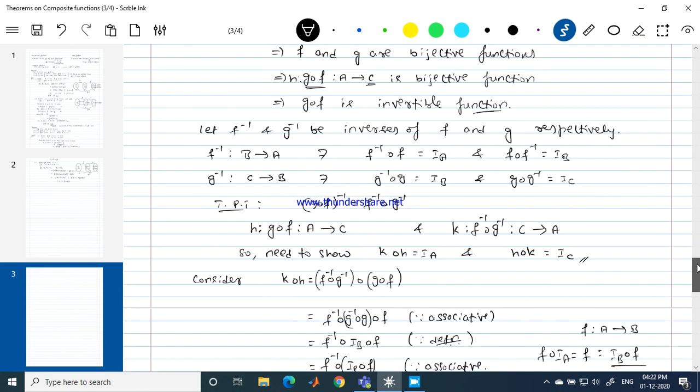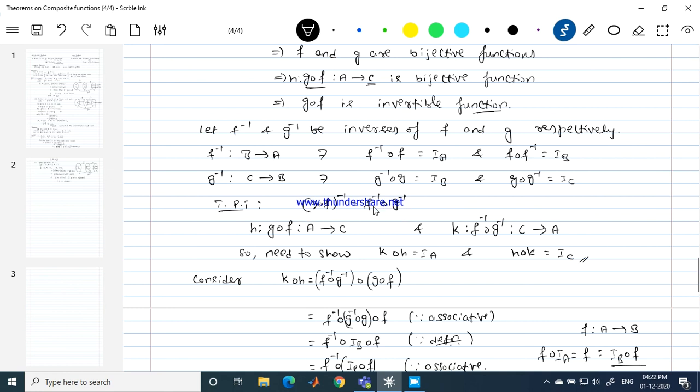Now I just need to show that the inverse of F composition G is equal to G inverse composition F inverse. For that I need to show H composition K is equal to IA and K composition H is equal to IC. Because here I need to show that K is a function defined from C to A such that K and H together satisfy these two conditions.